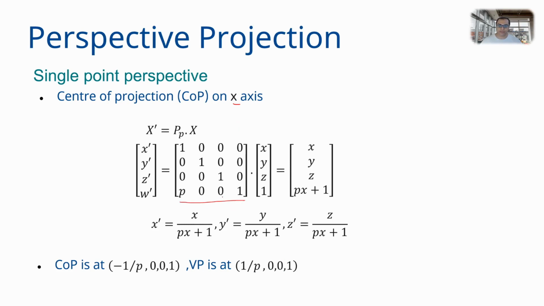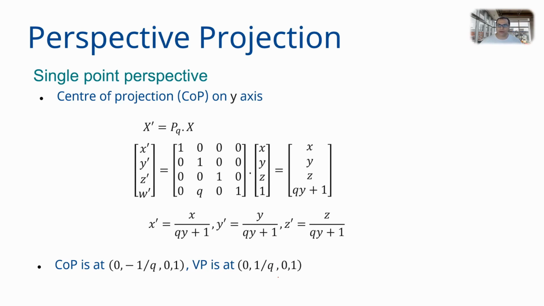perspective transform matrix. So instead of R here, you have this P here. The coordinates look like this, and the center of projection is at that location, and the vanishing point is an equal distance on the opposite side of the projection plane, but on the x-axis.